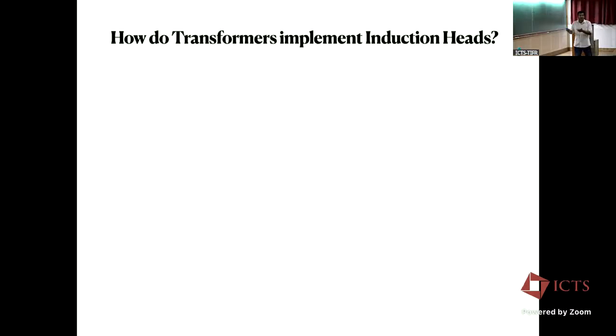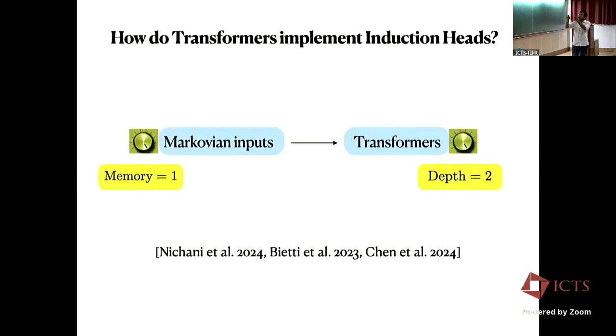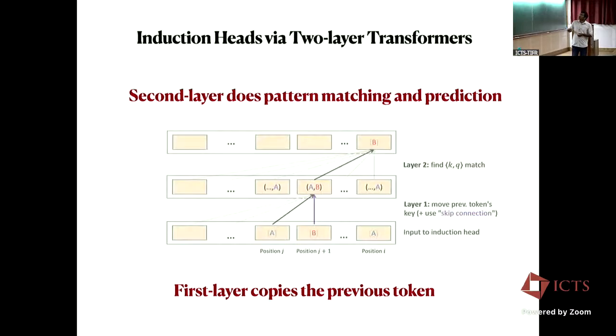Then you can ask: if this is the in-context estimator and induction heads realize it, how can transformers implement this mechanism? It turns out that to understand this, the two-layer setting is good enough, and you can show how a two-layer transformer can realize an induction head. The high-level idea is that the first layer basically copies the previous token, so it tries to copy the parent information. The second layer tries to do this kind of matching.